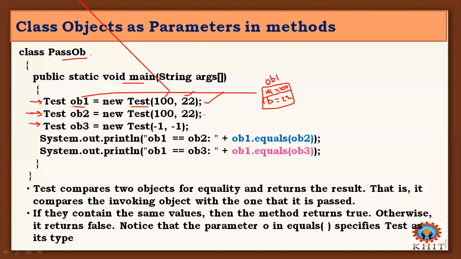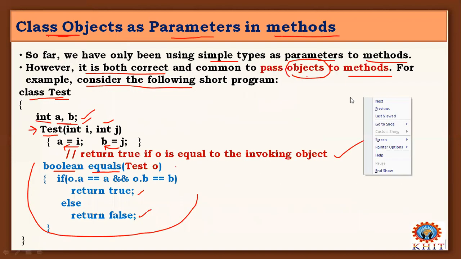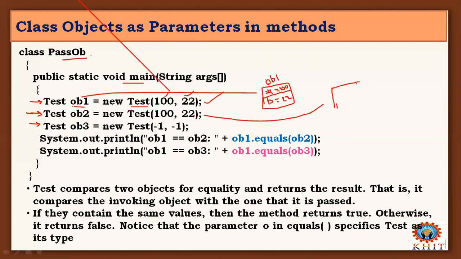Then, when the next statement executes, some part of memory is again created for the two variables A and B, and the object reference for this memory is ob2.